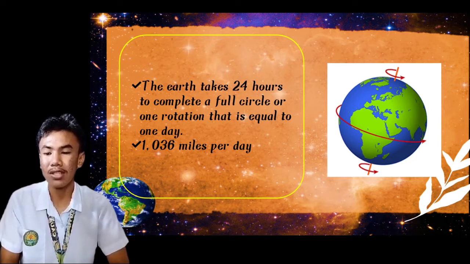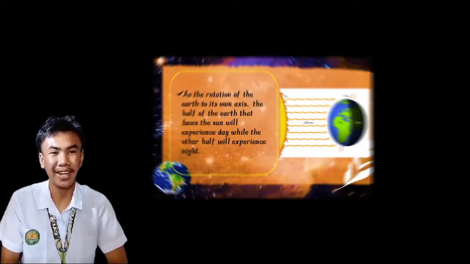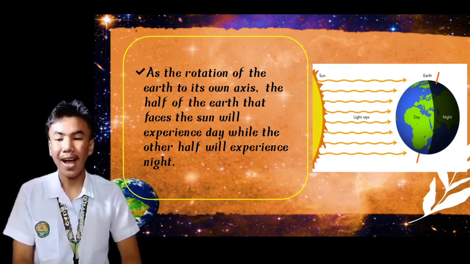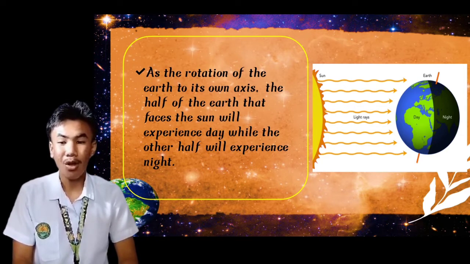It moves 1,036 miles per day. That is the speed of the Earth. As the Earth rotates on its own axis, the half of the Earth that faces the Sun will experience day, while the other half will experience night.